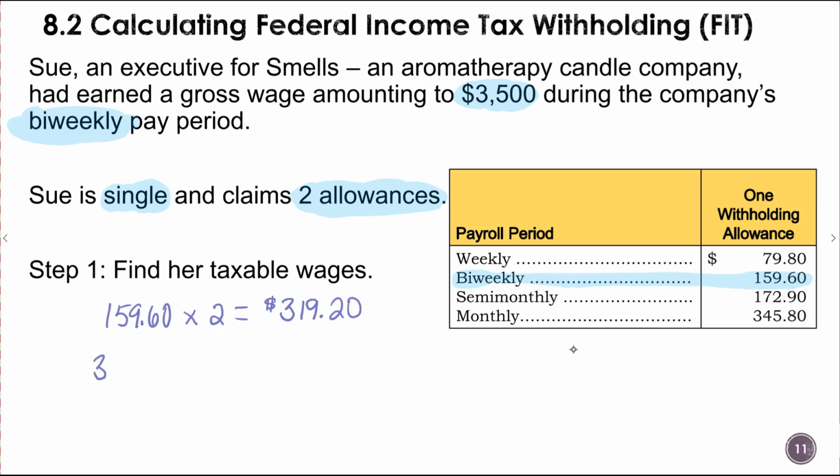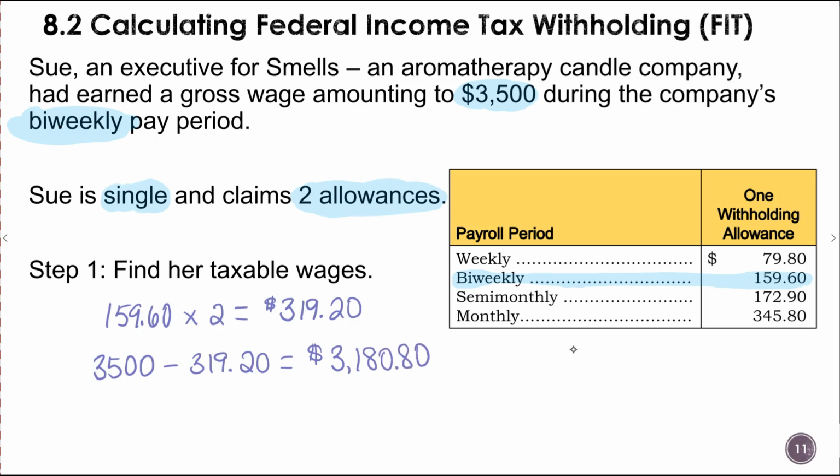So take gross pay minus her allowances, $319, the amount that she gets to take off of her gross pay, and that leaves us with this number, $3,180.80.